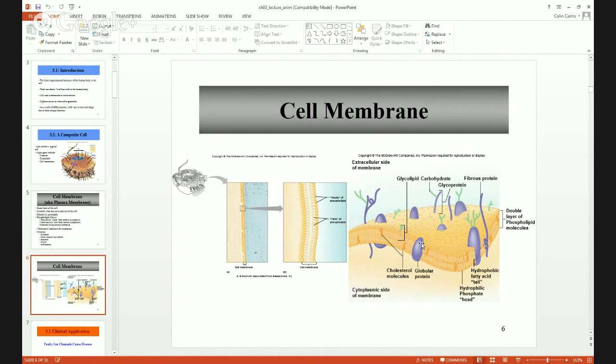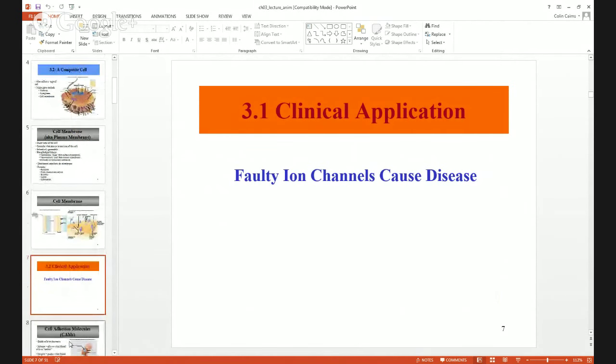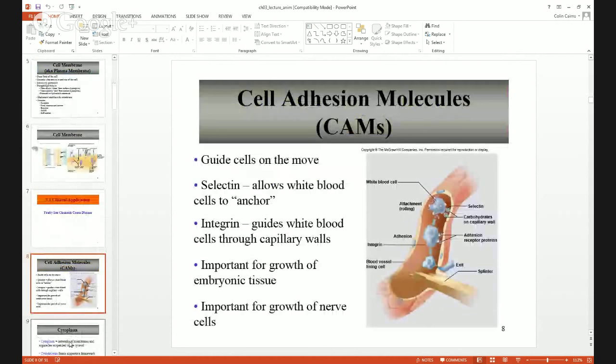There's a globular protein. Cholesterol molecules are embedded in the layer. And then on the inner side, there's also a cytoplasmic side of the membrane. The only thing important to know right now about cell adhesion molecules is that they're important for growth of nerve cells.